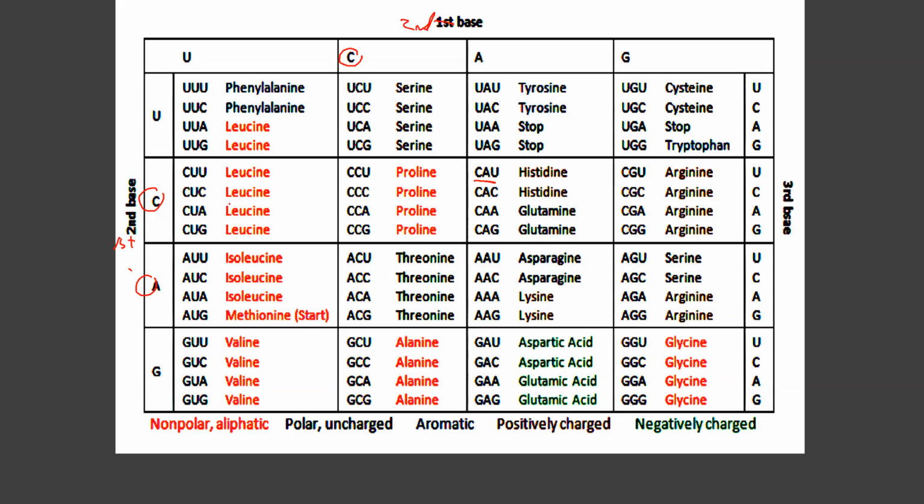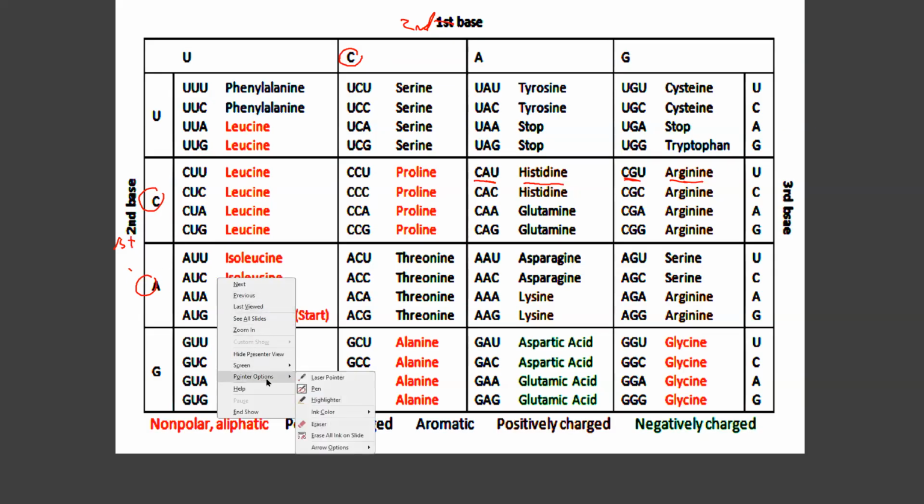Anyway. So CAU here gives you histidine, right? And CGU gives you arginine. So changing the second base causes a problem, even though changing the third base will not. Okay?